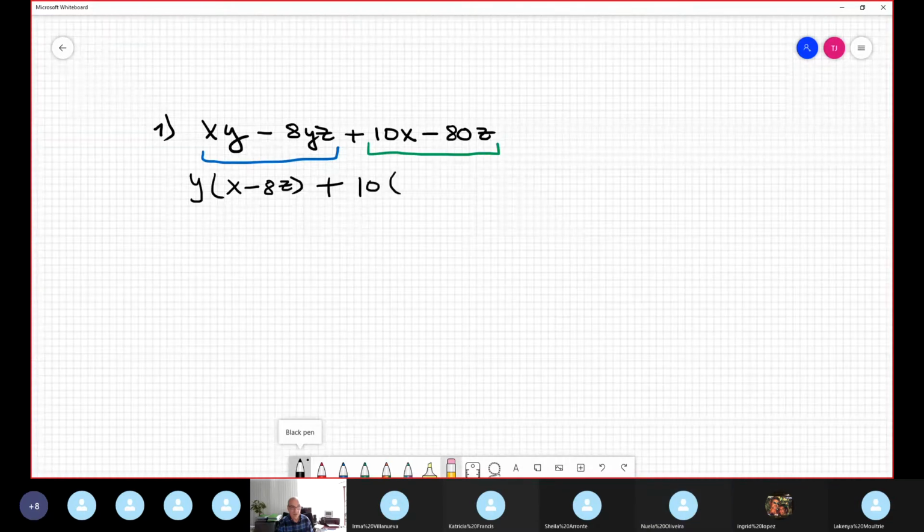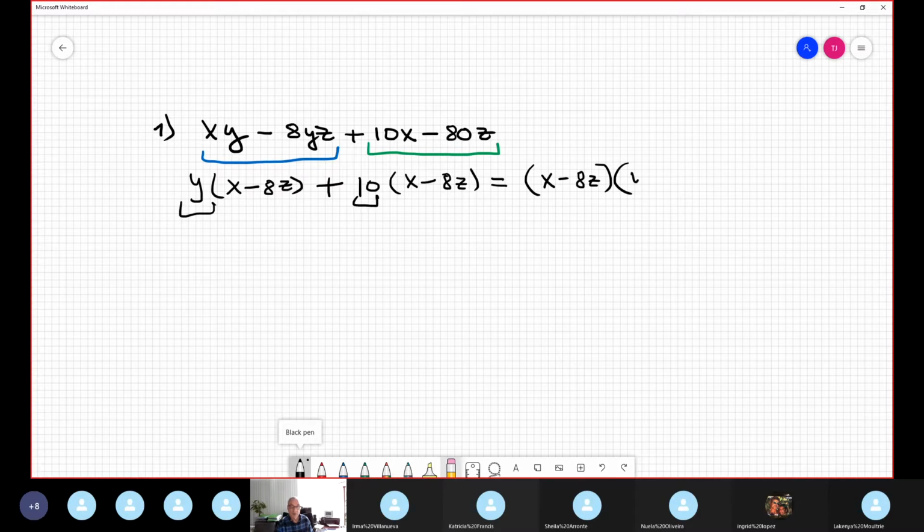So x minus az. Now I can see that x minus az is a common factor. I factor out one more time, open a new parenthesis. Inside the new parenthesis we have y and 10: y plus 10. I finish. Factorization by grouping.